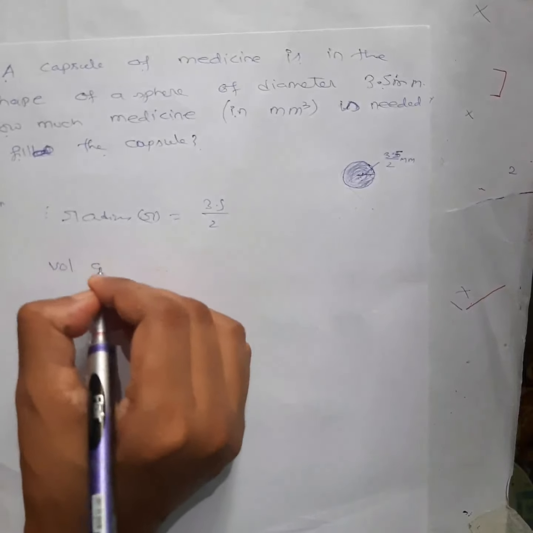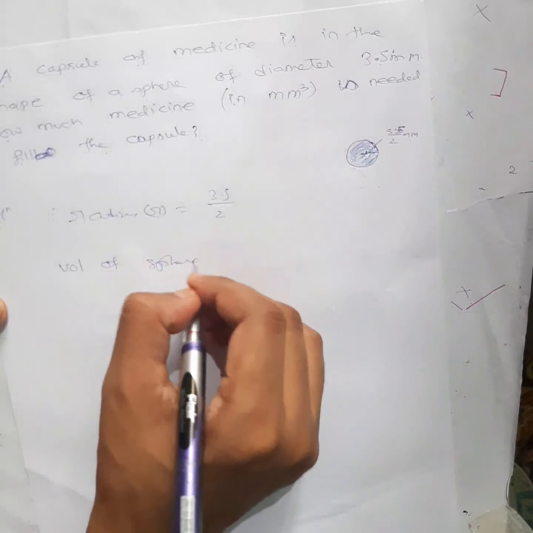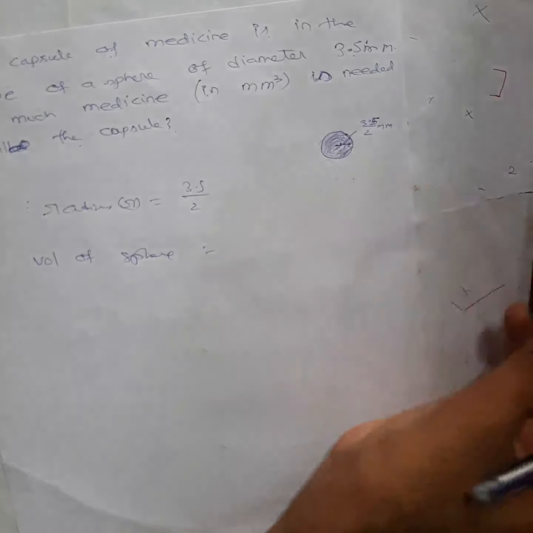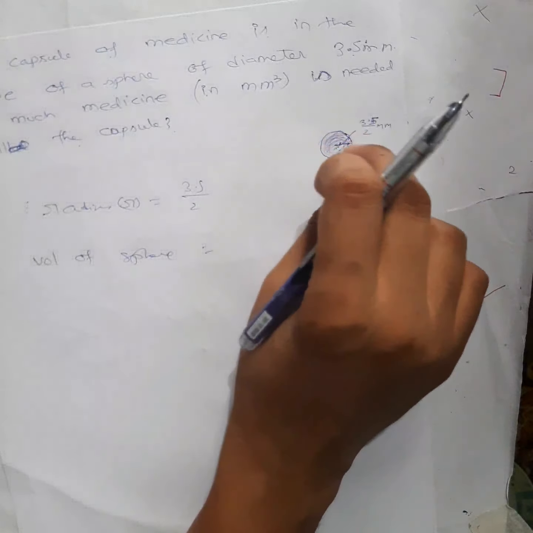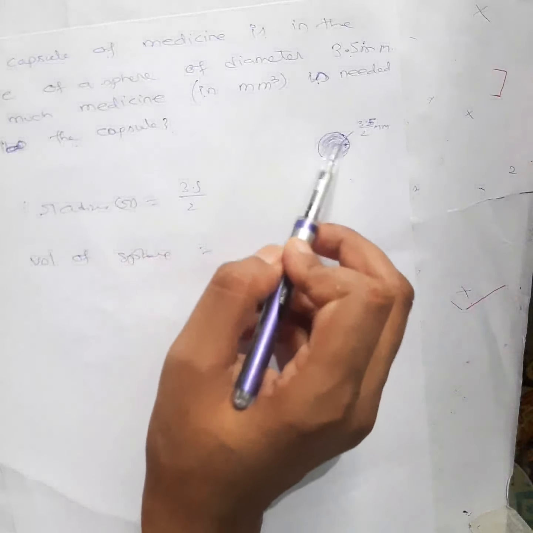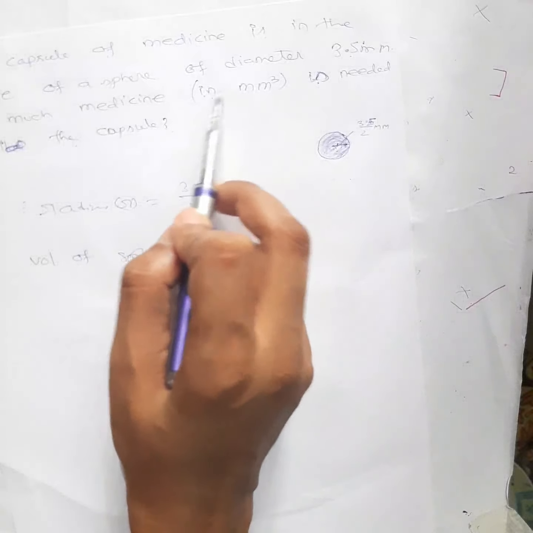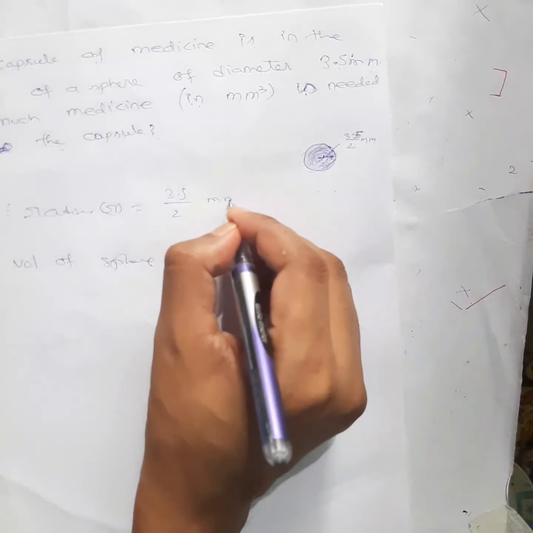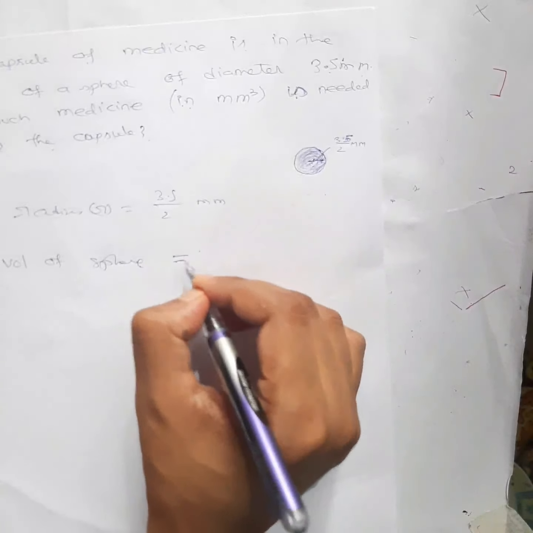Whatever amount of space is there inside, that amount of medicine you can insert. They have asked for the answer in millimeter cube, so no need to change the unit. It is already given in millimeter, so your answer also will be in millimeter cube.